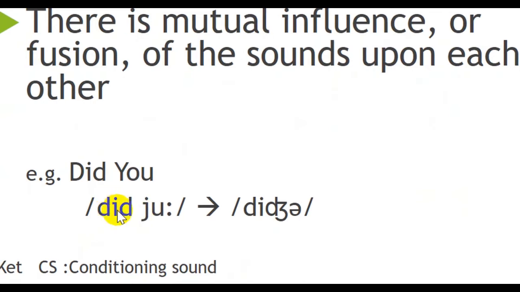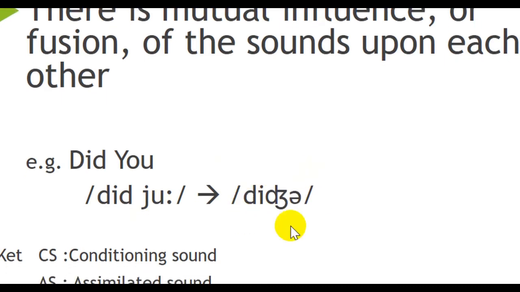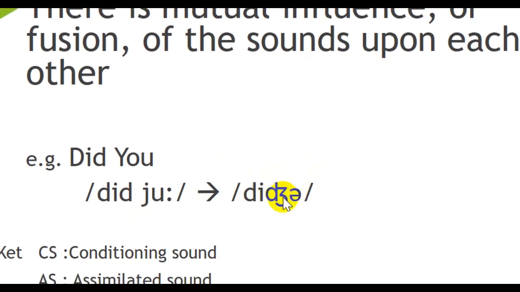But the d is alveolar. The place of articulation is alveolar. The y, the place of articulation is palatal. So it will be easier to pronounce if they meet between alveolar and palatal. That is the alveopalatal.